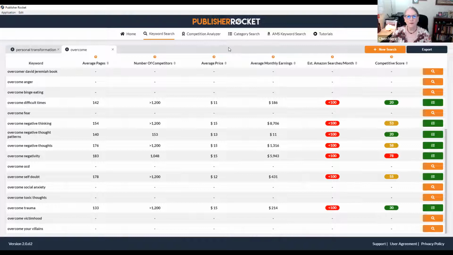I don't know how often Publisher Rocket dips into the data, but Amazon changes ABSR hourly.